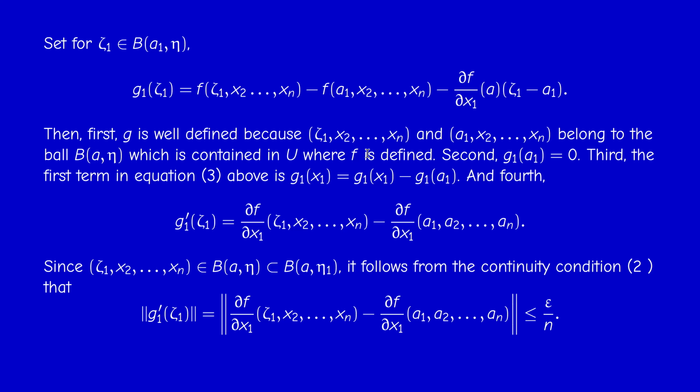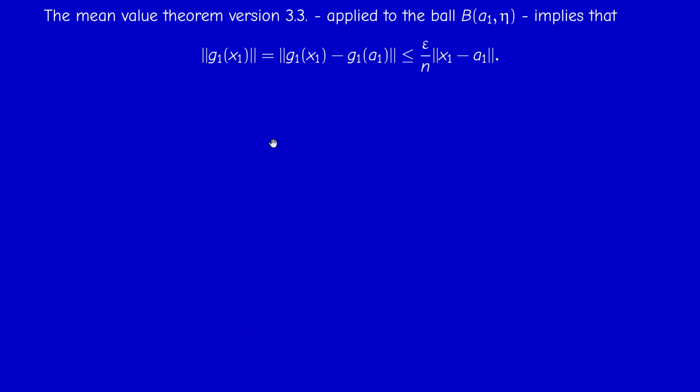And so I now apply the mean value theorem, version 3.3 to be precise, to this ball, which is an open convex set. And it follows that the distance between G1(x1) and G1(a1) is less than epsilon over n, which is an upper bound of the derivative, times the distance between x1 and a1.